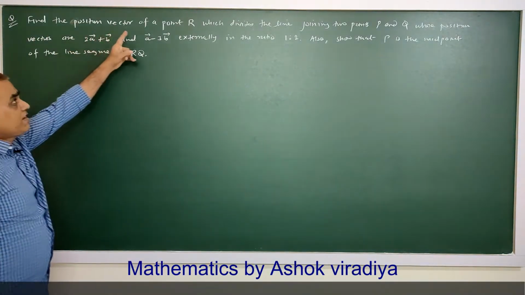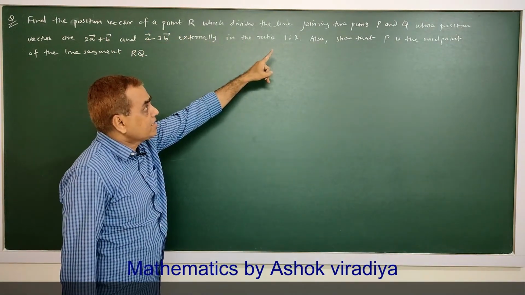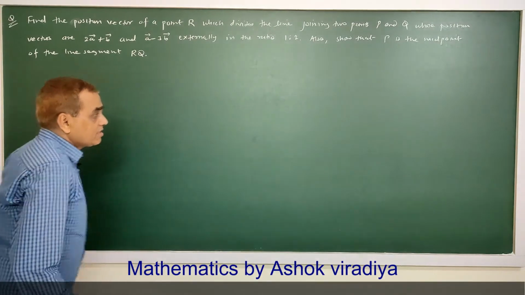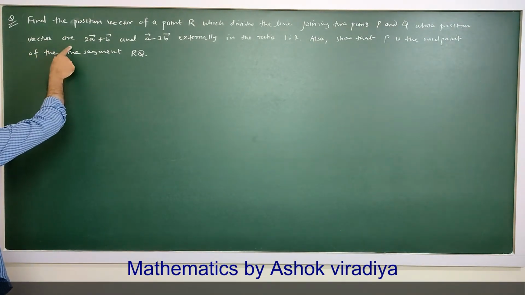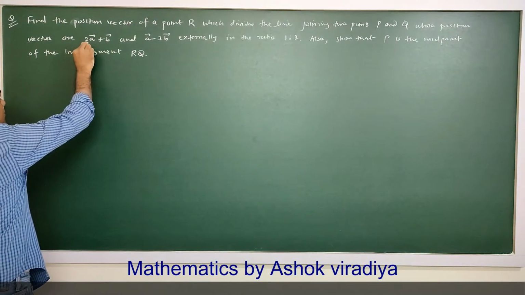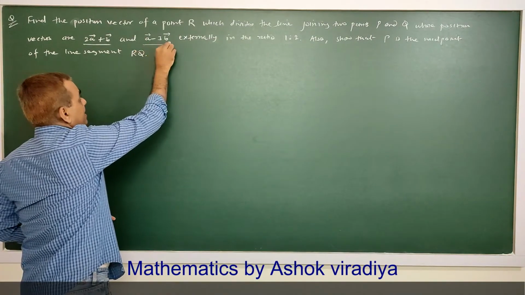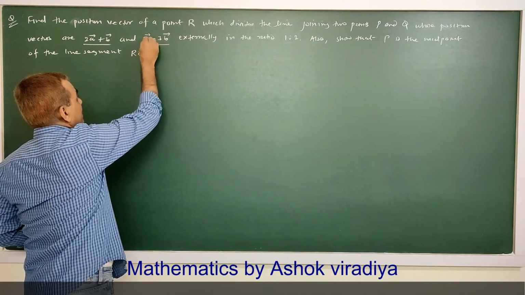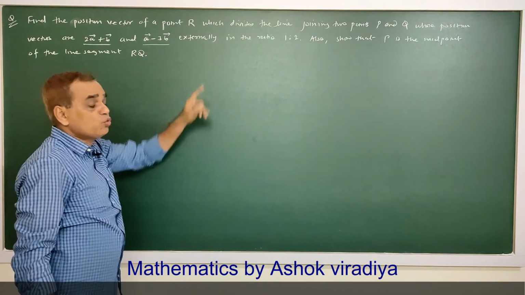Find the position vector of a point R which divides the line segment joining two points P and Q, whose position vectors are 2 times vector A plus vector B and vector A minus 3 times vector B, externally in the ratio 1 is to 2.